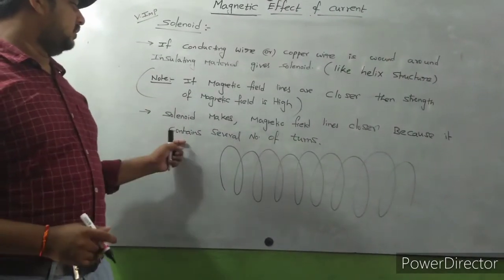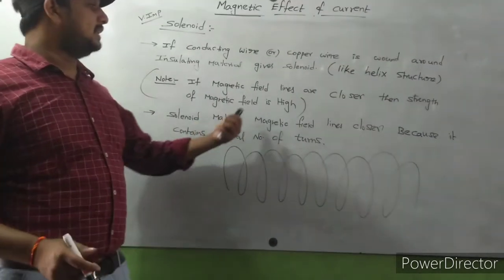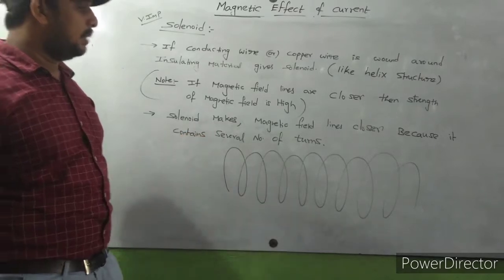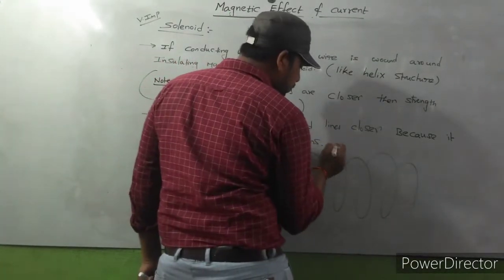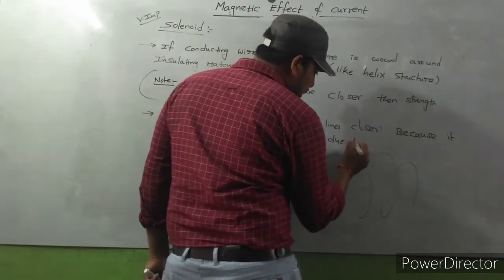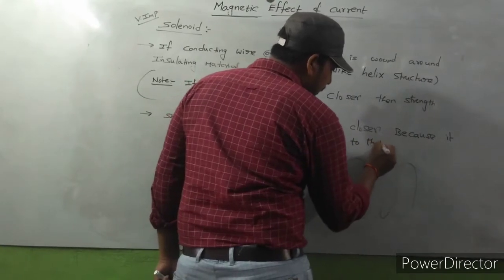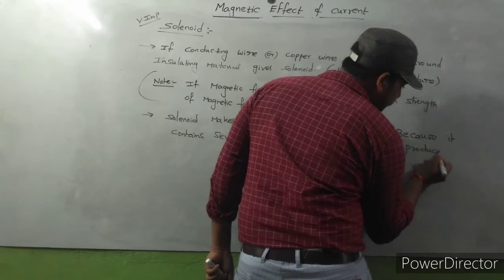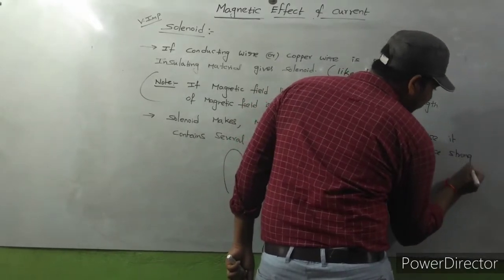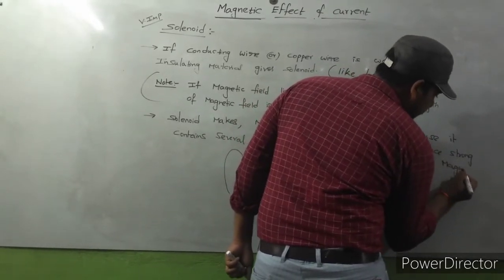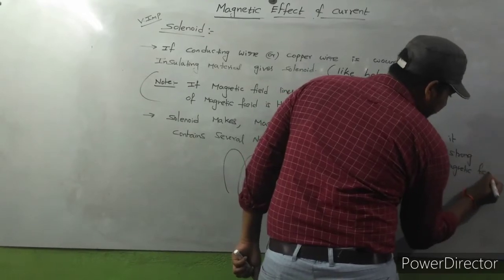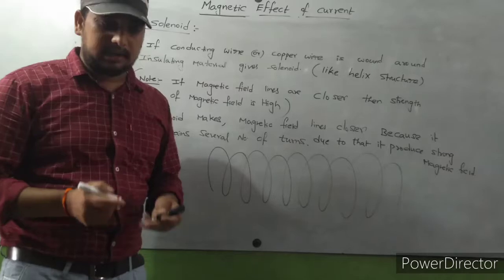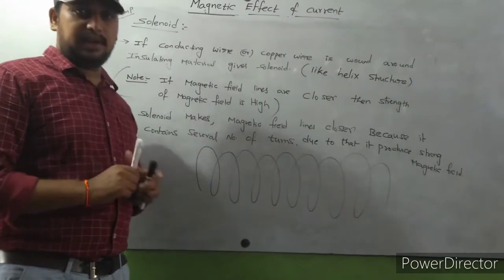So a solenoid makes magnetic field lines closer because it contains several number of turns, and due to that it produces a strong magnetic field. Okay, a solenoid will produce a strong magnetic field. That is the main function of a solenoid.